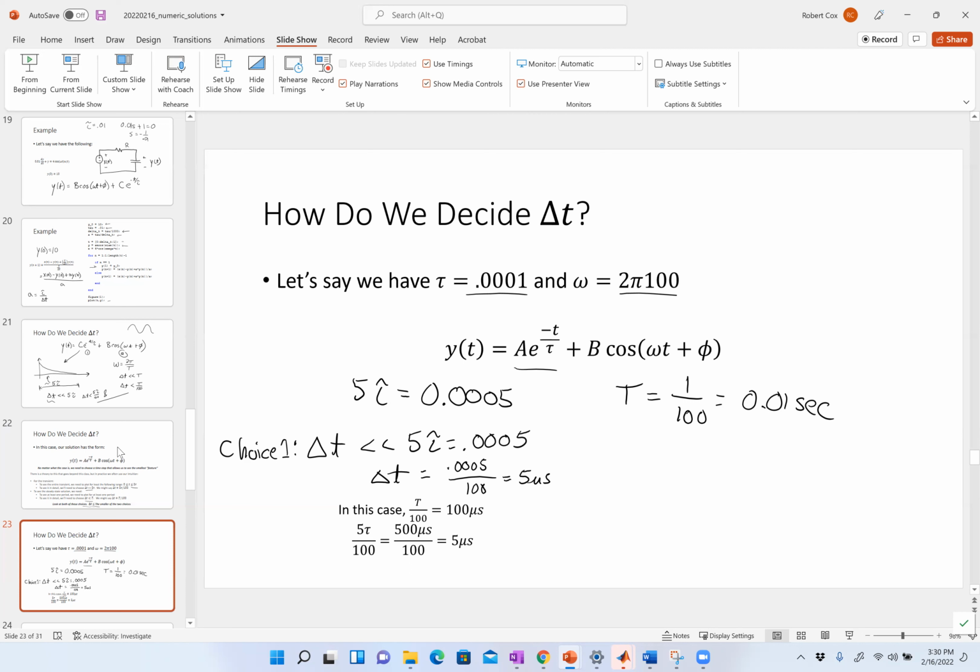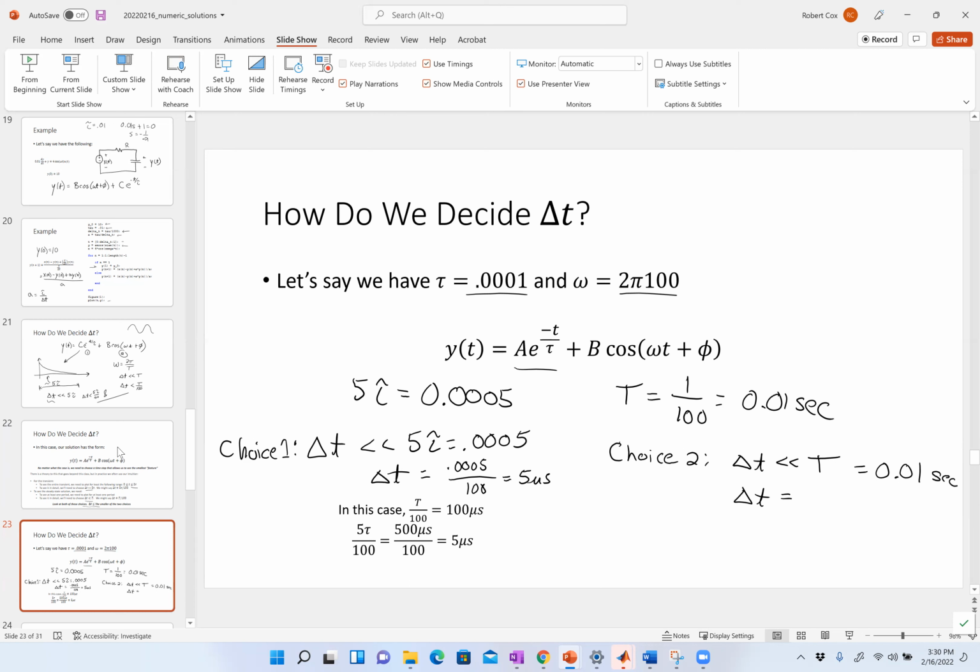What about for this one? My choice 2 is my delta t much less than a period, which in this case is 0.01 seconds.